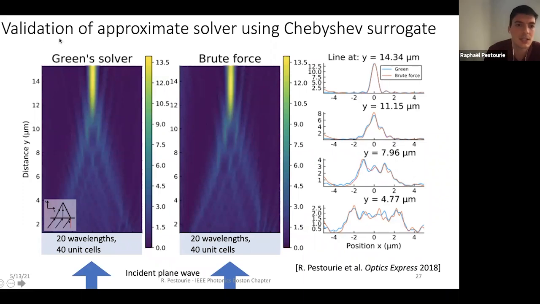The Green solver is another name for this hybrid solver, and brute force is another name for a full Maxwell's equations solver. You can see a few sections comparing the two solutions, and they don't give the same solutions. They're slightly different, but where it matters, meaning this was for lens design, and what matters is at the focal spot, they give a fairly similar result.